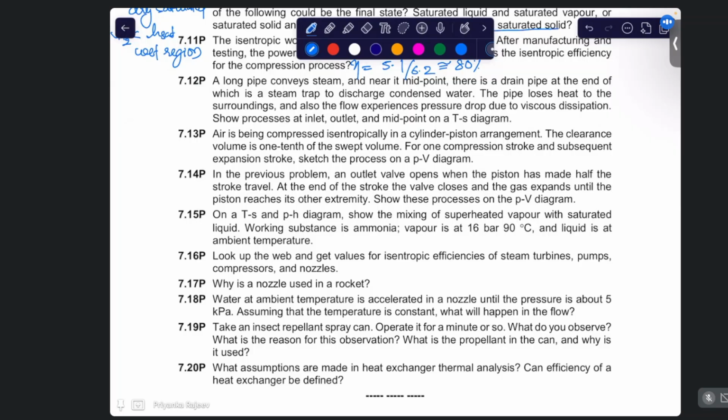Then when the piston gets to the PDC, the valve closes and the gas expands back. So we'll be getting a partial compression, then a point where pressure will be constant, and then expansion.